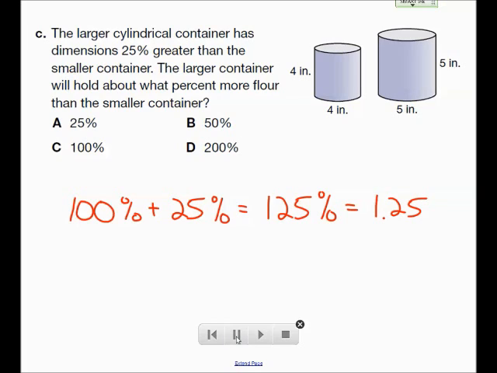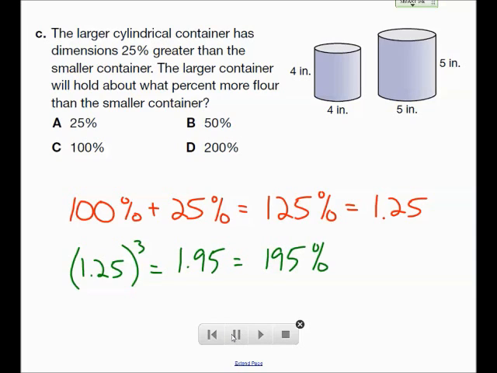Okay, so if we're trying to figure out volume here, we'll take that scale factor, 1.25, and we'll cube it, and that comes out to 1.95, which is 195%.